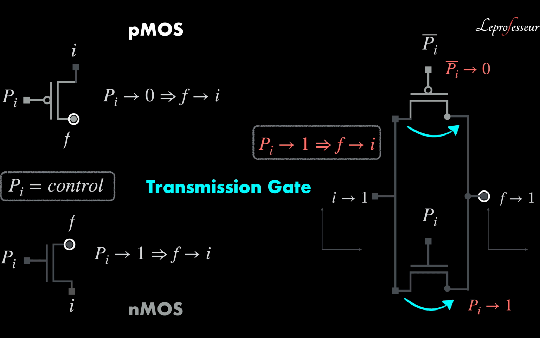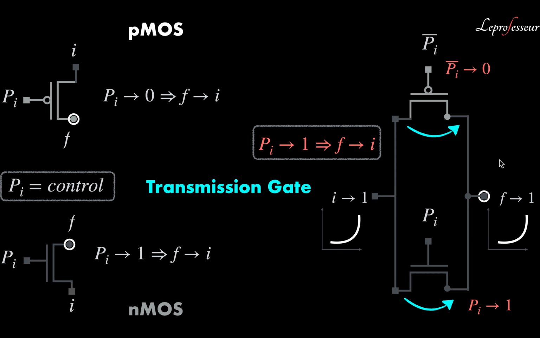Now let's look at when it tends to 1. For the 1, we already said that PMOS is good. So when it tends to 1, this PMOS will be producing a stronger 1, and the output will go to 1.